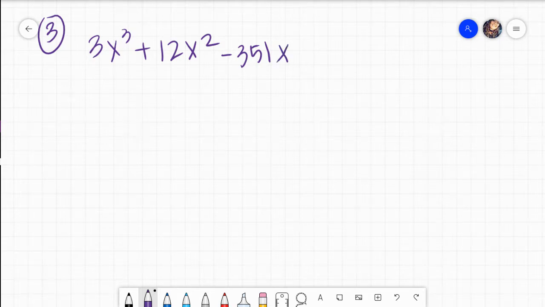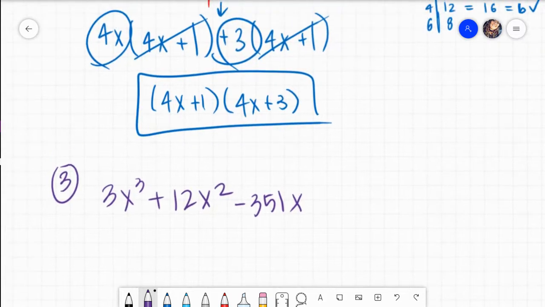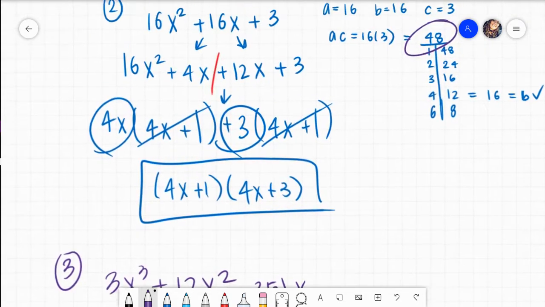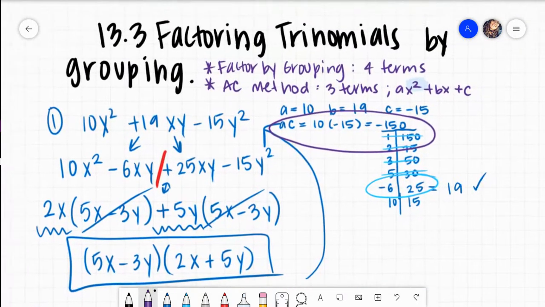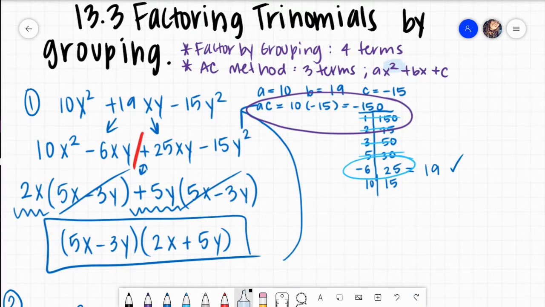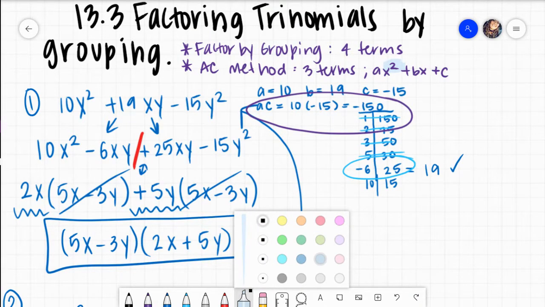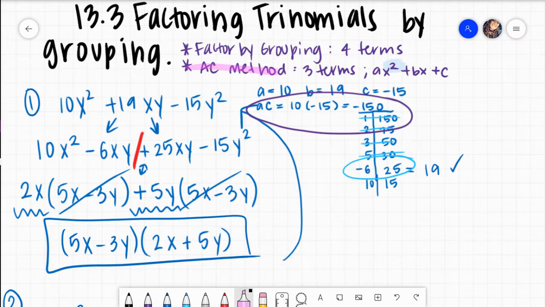Like I explained, if it's in 4 terms, you can factor by grouping, right? Split them in half, do all the GCF work that we've been taught. Whenever I talked about using the AC method, I said that it needs to be in 3 terms, but more specifically, it needs to be in this form right here, which is ax squared plus bx plus c.